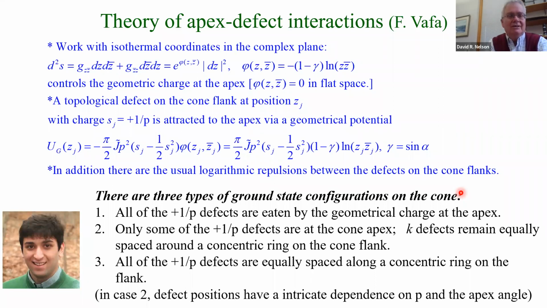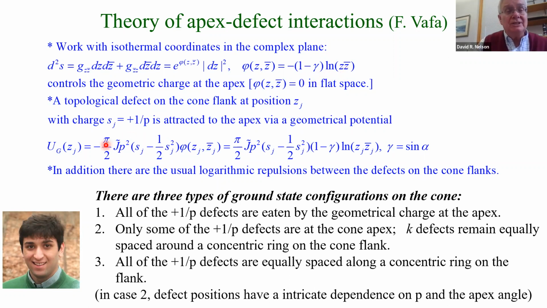He attacked this problem using isothermal coordinates, which is an elegant way to do differential geometry in 2 dimensions, where the metric ends up all being collapsed into this single function phi of z and z bar. Z bar is a complex conjugate. And this function depends on this central charge at the top of a cone. I will leave it to him in private conversation to explain the details.